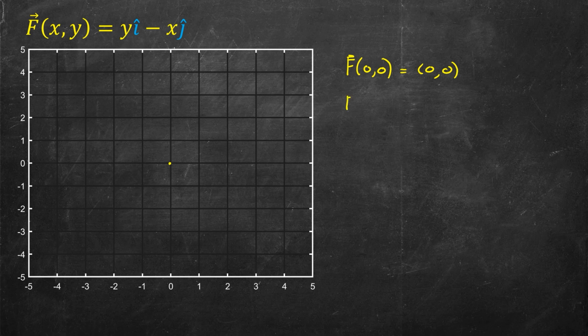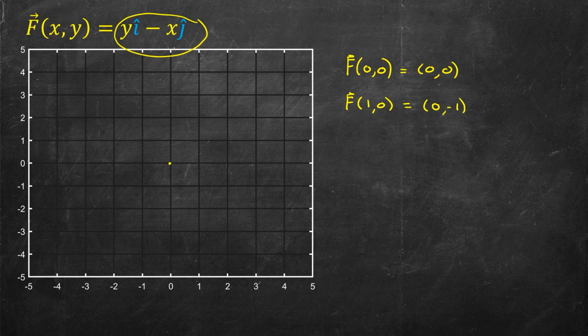If I come here and do the vector field at the point, say, 1, 0, then by plugging that into the y i hat minus x j hat, this is going to give me the vector 0 in the i hat and minus 1 in the j hat. So how do I plot this?